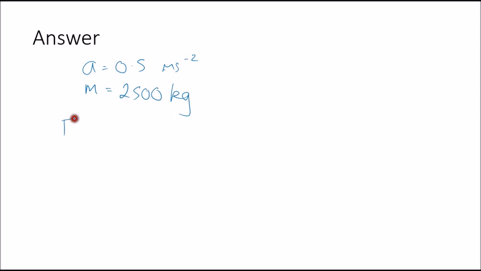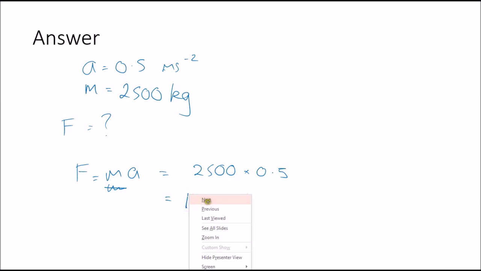Now we're being asked for a force. There's only one equation which gives us what we want here, F equals m times a, not divided, and so it is just 2,500 kilos times 0.5 meters per second squared, and that gives us 1250 newtons.